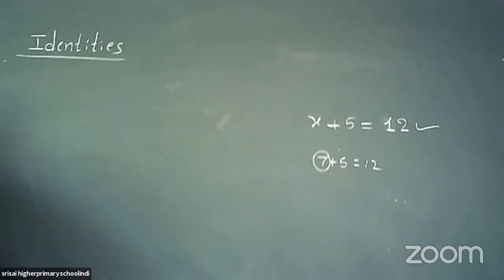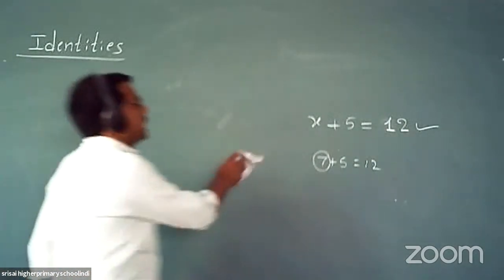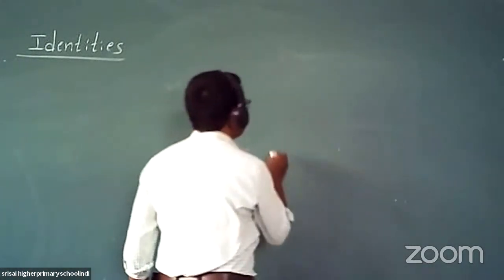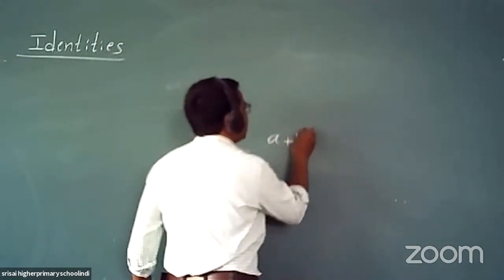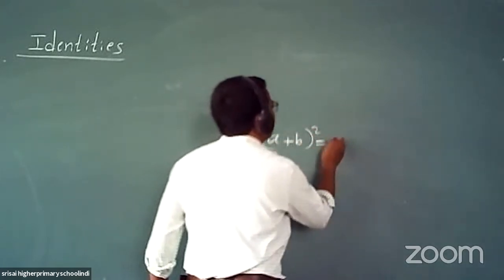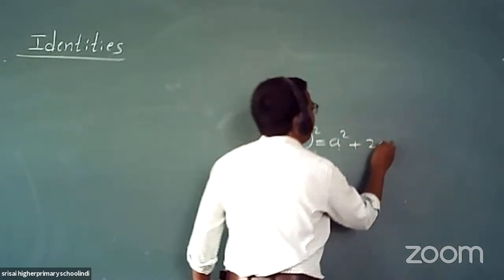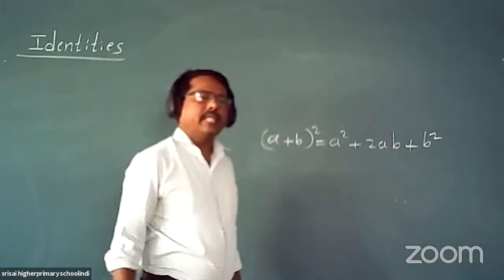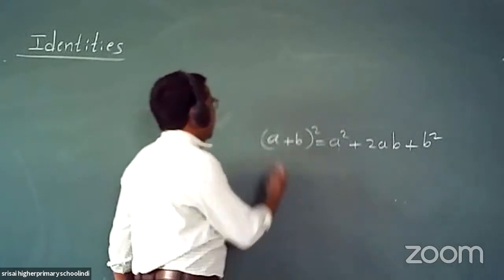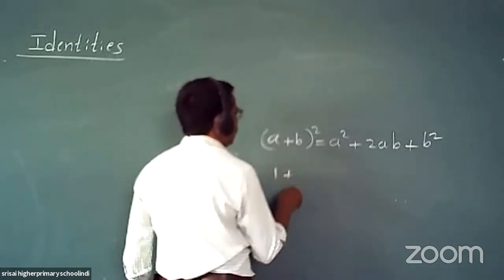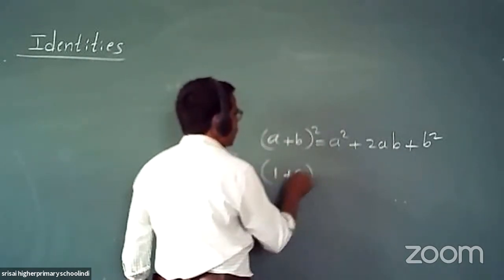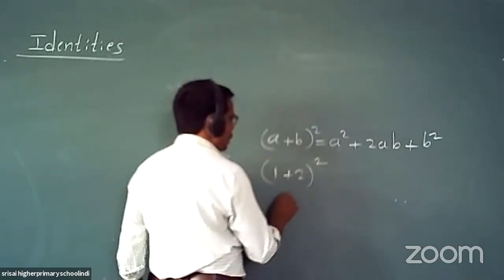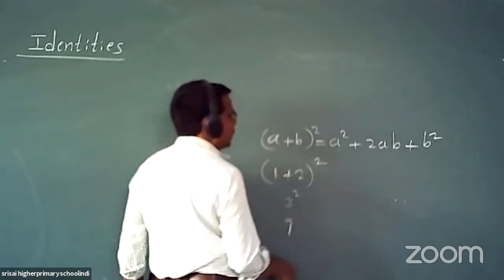Identity is true for any value. Last year we have studied some identities. Just I'll remind you. (a plus b) whole square equal to what? a square plus 2ab plus b square. This is true for any value. Put any value for a. I'll put a equal to 1, b equal to 2. So (1 plus 2) whole square is what? 1 plus 2 is 3, 3 square is 9.